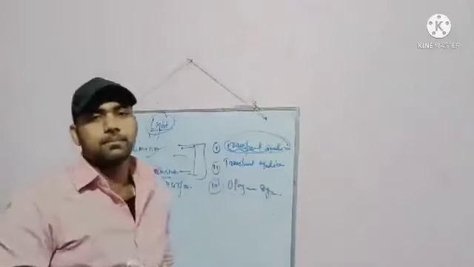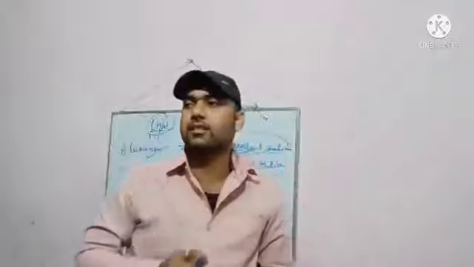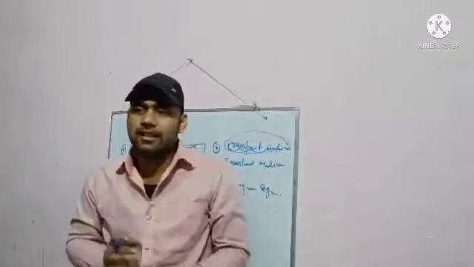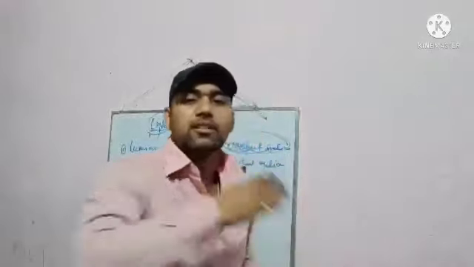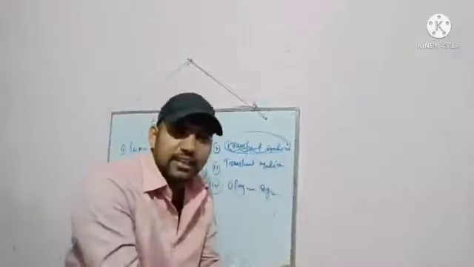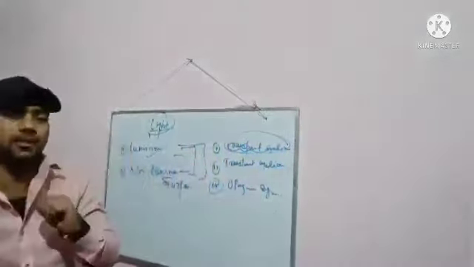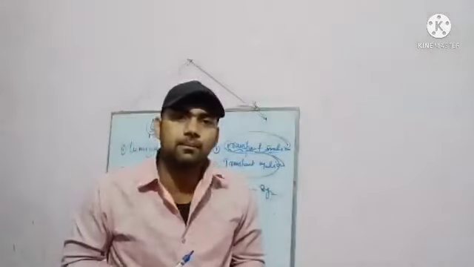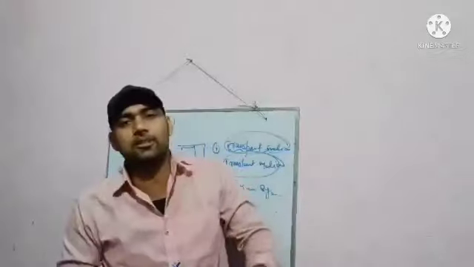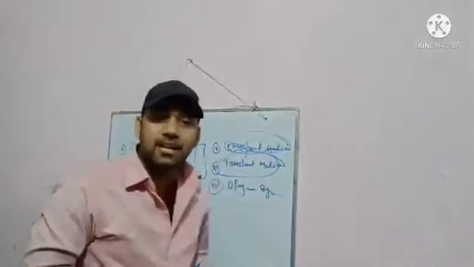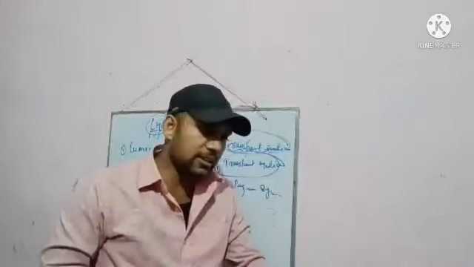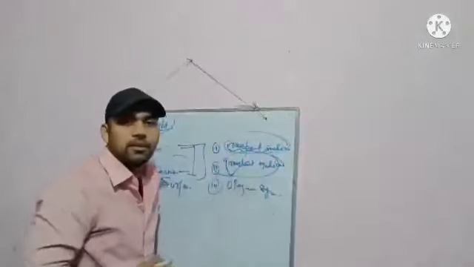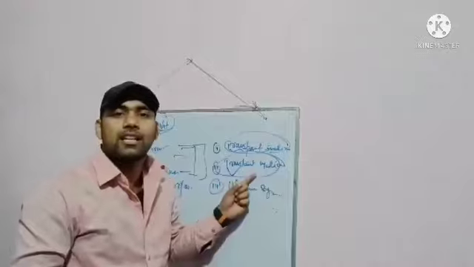At first, we are going to discuss transparent medium. A medium of light through which the light can pass easily from one side to the other side, that is called transparent medium. Second is translucent medium. The medium or the surface through which the light can pass, but partially, that is called translucent medium. An example is oily paper.